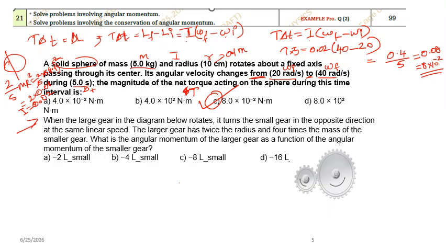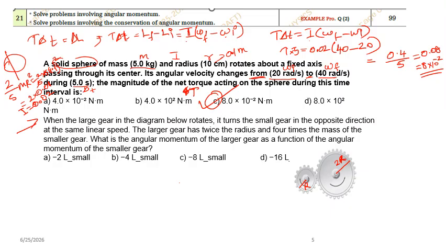The larger gear has twice the radius of the smaller one. If this I take as r, then the radius over here will be 2r. It also has 4 times the mass.